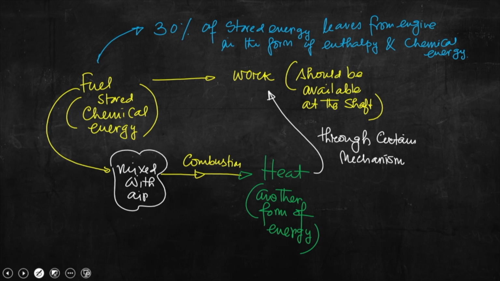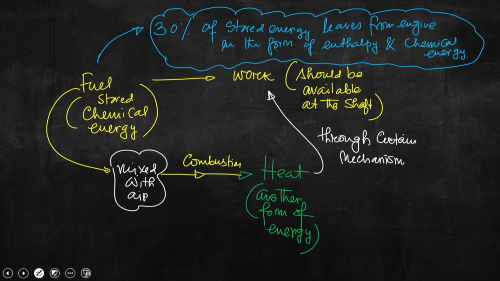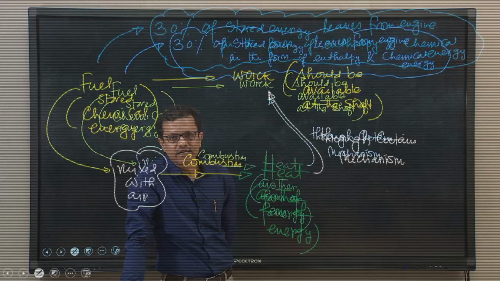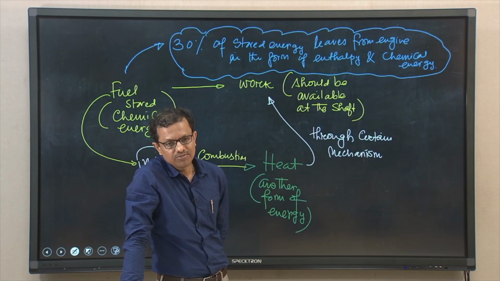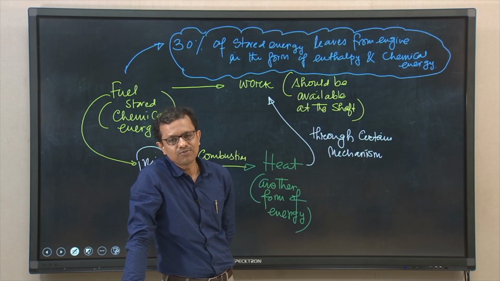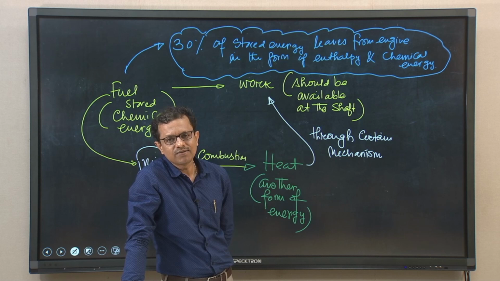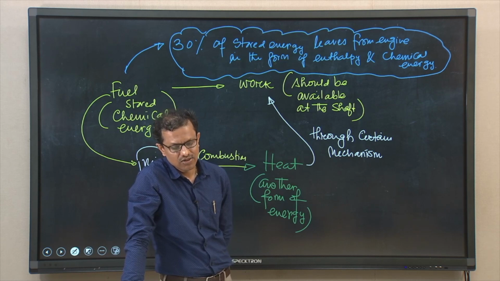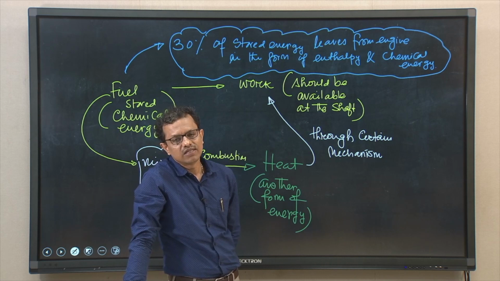So, this is something not on the positive side, because if the stored energy is 100%, then 30% of that stored energy will leave the engine in the form of enthalpy and chemical energy.